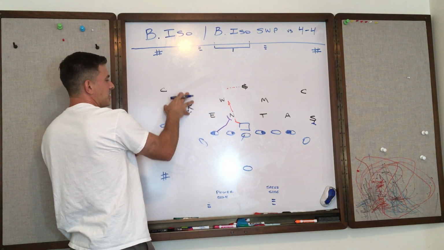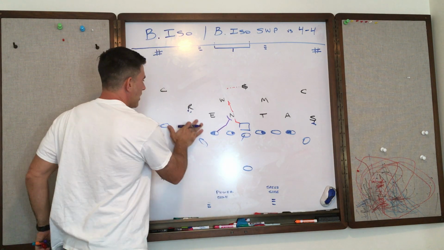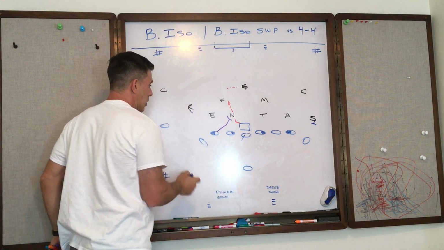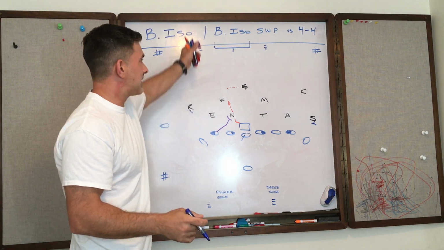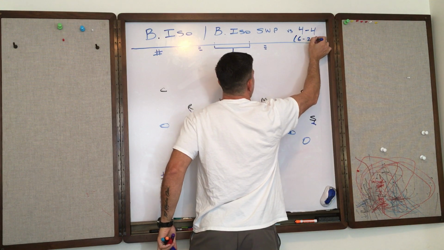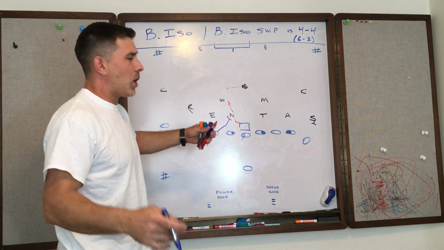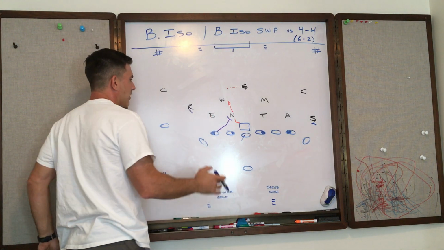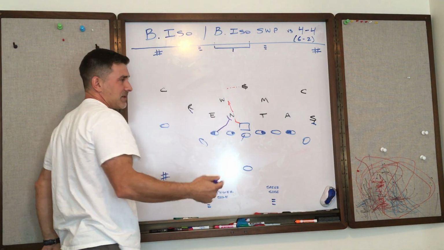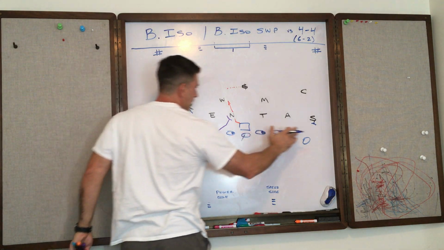But he could be, obviously, in a few different locations, depending on what's going on. At the end of the day, he could be right on the line. It could be a 6-2. So in reality, when you're looking at it versus 4-4, obviously you got to look at it versus 6-2, because if they come up and blitz, now it's a 6-2. So what are you going to do if it's a 6-2?